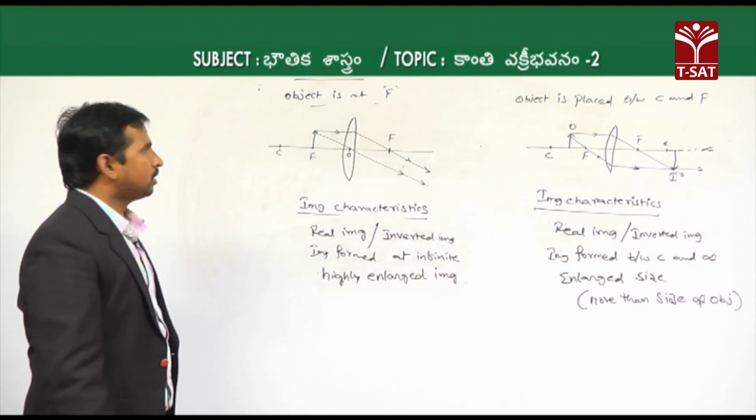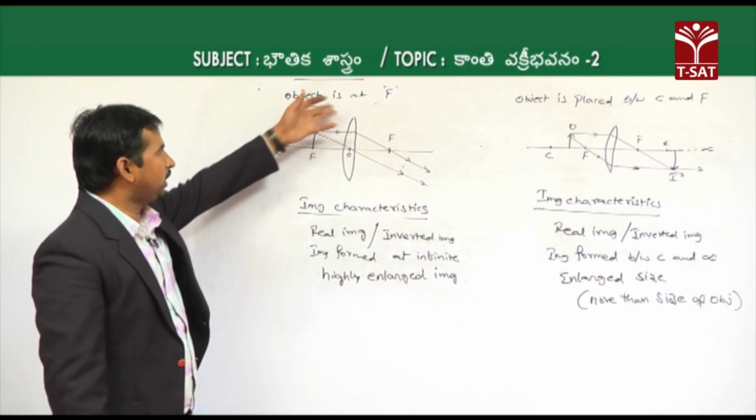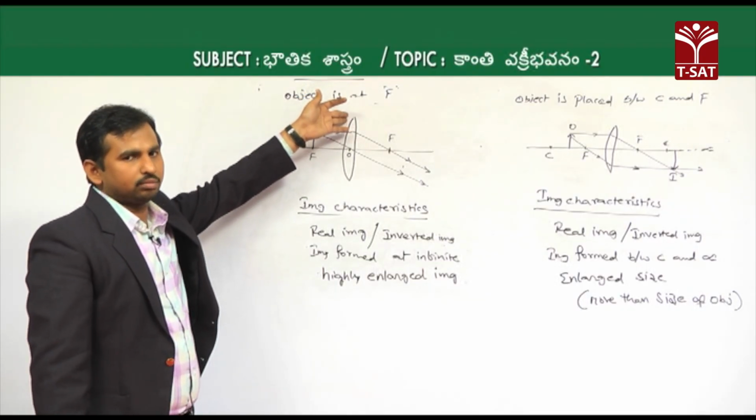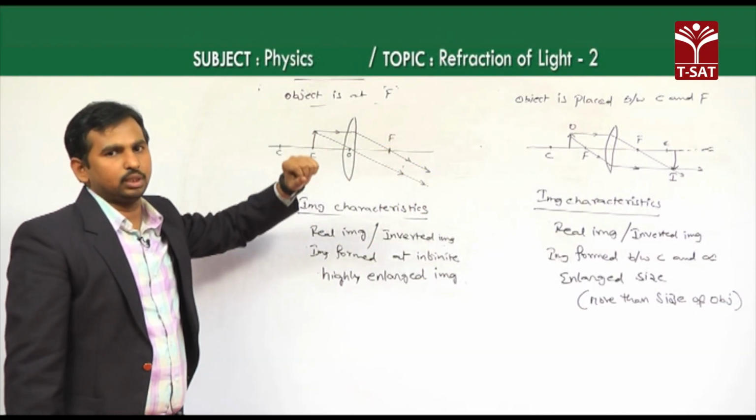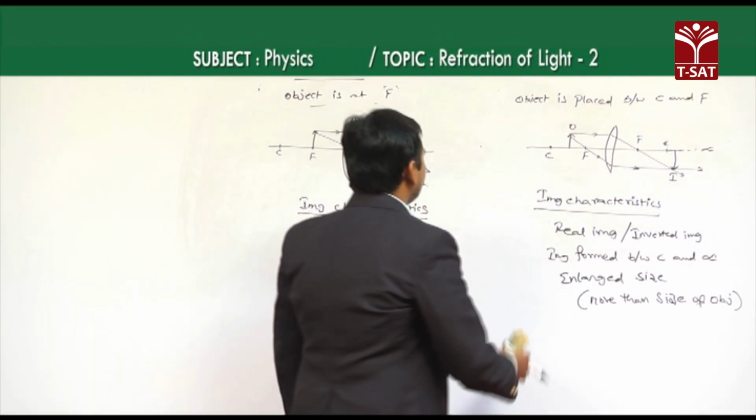These are the image characteristics if the object is placed at the principal focus. After refraction both the light rays are going parallel to each other. Now come to the next case.